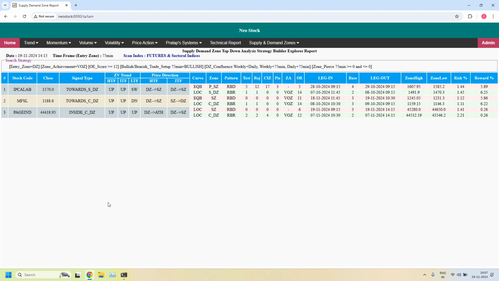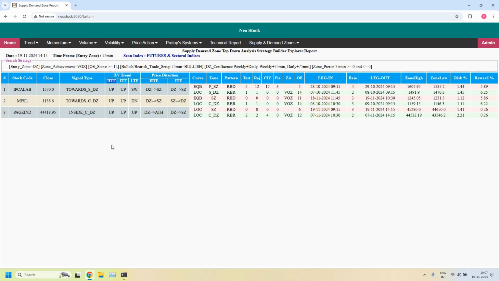In all the 3 stocks, the 75 minutes entry demand zone is part of the daily demand zone. Both together are again part of the weekly demand zone. And the weekly means HTF. The weekly trend is up in all the 3 stocks. If all these 3 stocks' weekly zones are having weekly EMA confluence, they are even more high probability setup supported stocks.